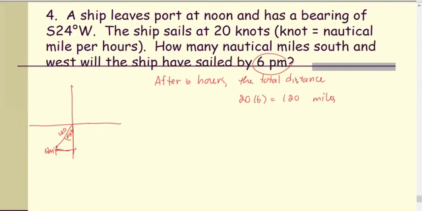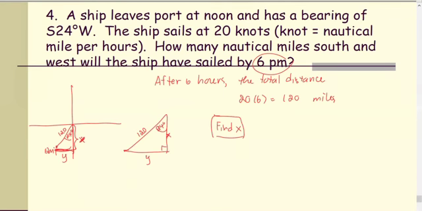We are going to find how many nautical miles south and how many nautical miles west. Let x be the nautical miles south and y be the nautical miles west. From the right triangle diagram, we have 120 as the hypotenuse, 24 degrees, y as the opposite, and x as the adjacent. We're going to find x, the nautical miles south.